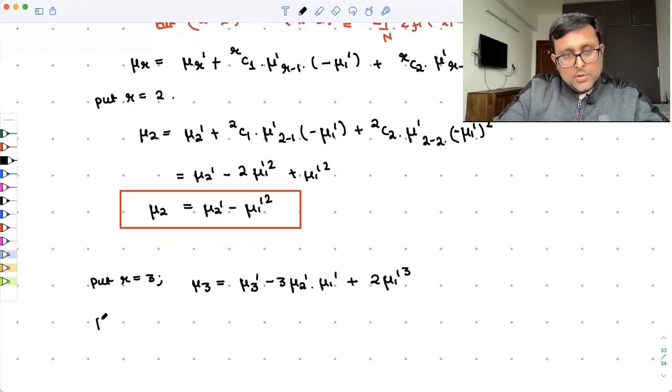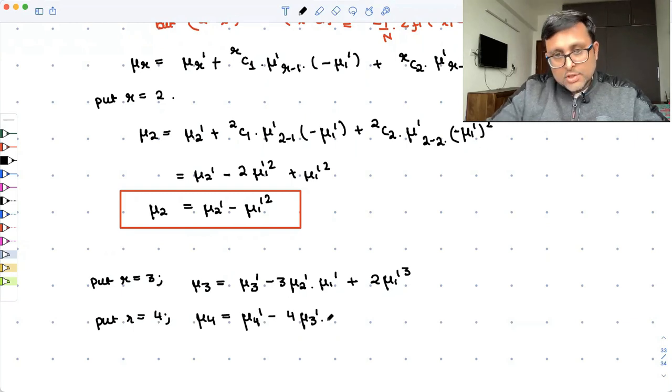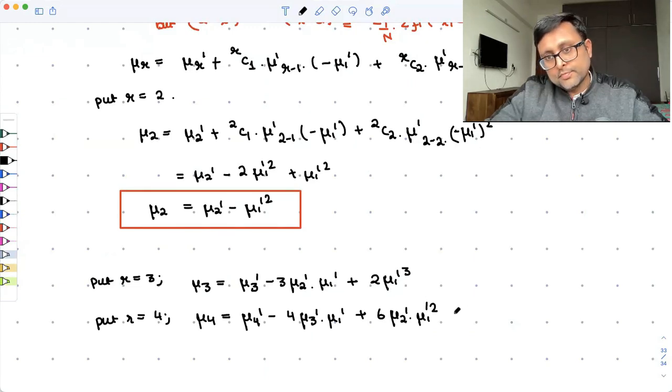Similarly, you can also put r equals to 4, and you'll get mu4 as mu4 dash minus 4 mu3 dash mu1 dash plus 6 mu2 dash mu1 dash square minus 3 mu1 dash to the power 4.